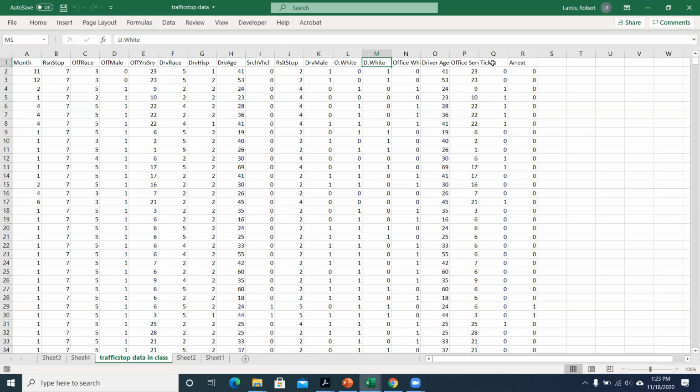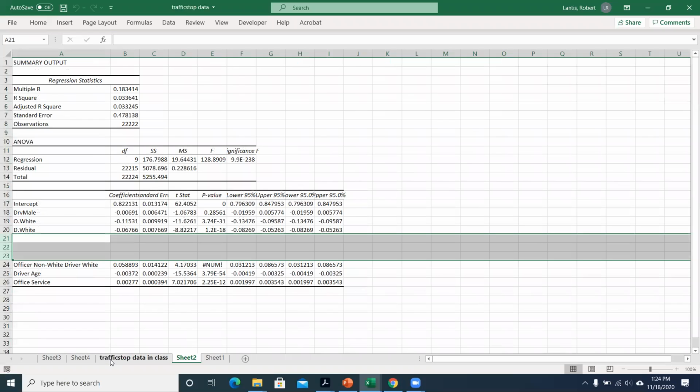So here we're thinking about this ticket variable being our Y variable. Okay? So I've got this set up to be, is the officer white and is the driver non-white? I've got just the driver white and just the officer white. So I think one of these, let me see.